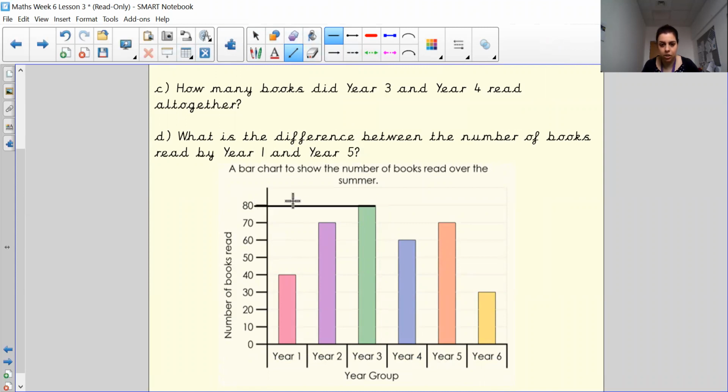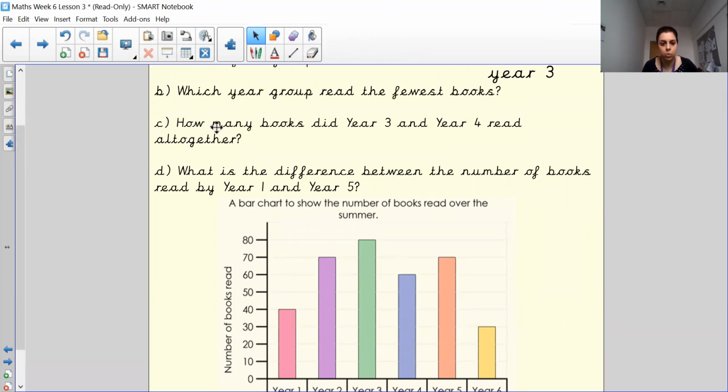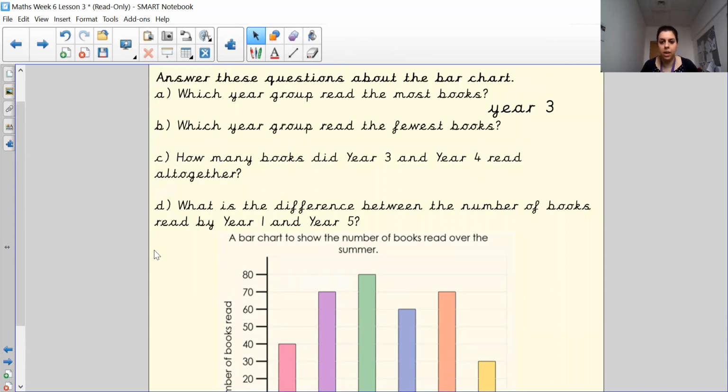So that's 80, just to help you see that line. So 80 books are read in year 3, and year 4 is this blue bar. If I make this line a little bit longer, you can see it's going to the 60. So you now need to add 80, add 60 together. We're saying how many all together. So can you pause the video for me and do 80 and 60 together for me?